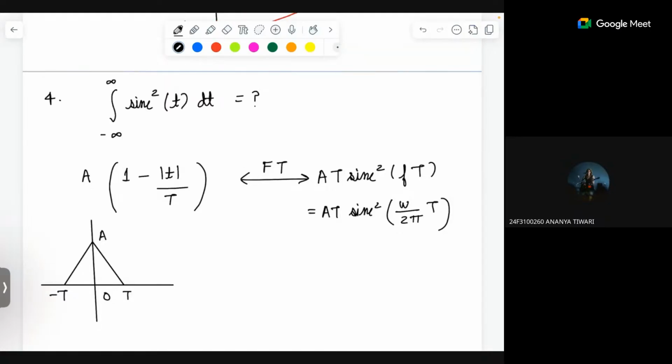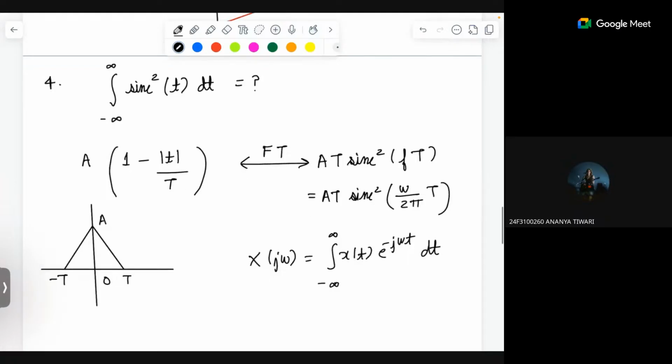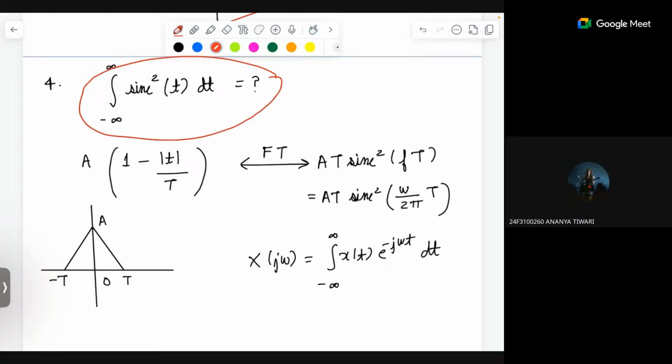Apart from this Fourier transform pair, you will also be using capital X of j omega equal to the integral from minus infinity to infinity of x(t) e raised to the power of minus j omega t dt. Here x(t) will be sinc square t, and if you put omega equal to 0, you will get this integral which you have to evaluate. Is the question clear and the hints clear? Yes. Okay, then take 2 minutes and then I will start solving.